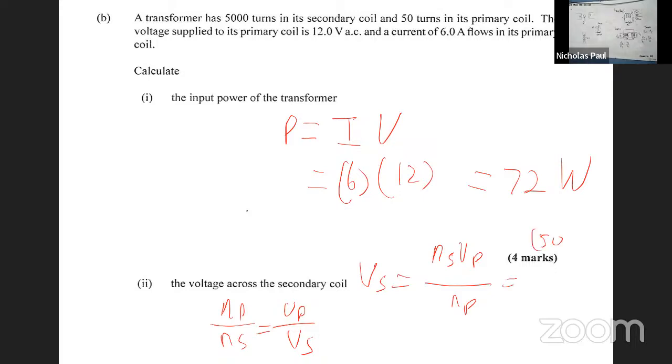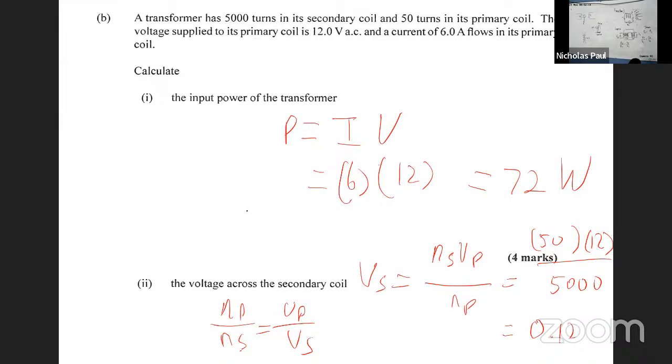That's 5,000 times 12 all over 50. How much did you get? 0.12 what?